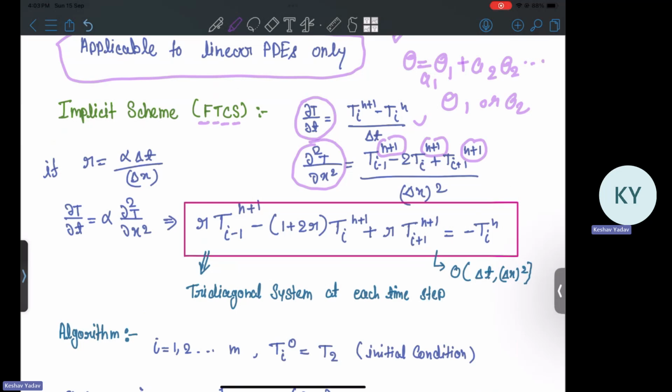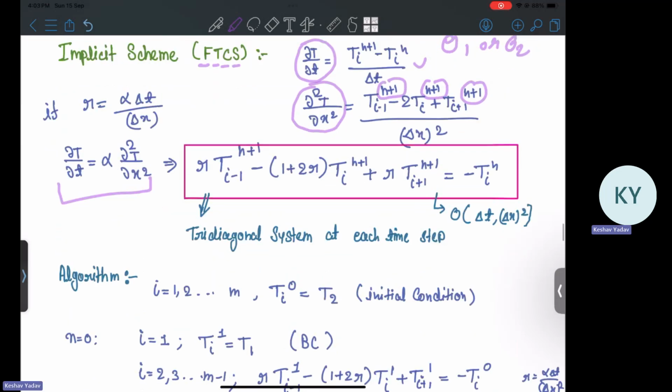If you do the manipulation and put it in this equation, we will get r multiplied by Ti minus 1 at n plus 1th minus 1 plus 2r Ti at n plus 1th plus r Ti plus 1 at n plus 1th, that will be equal to minus Ti at nth. Okay.